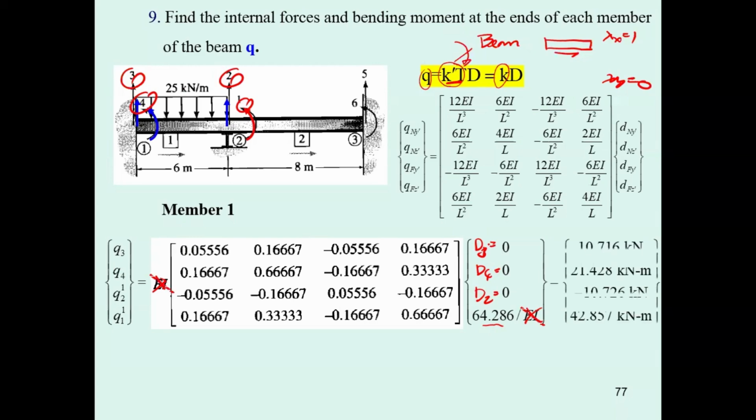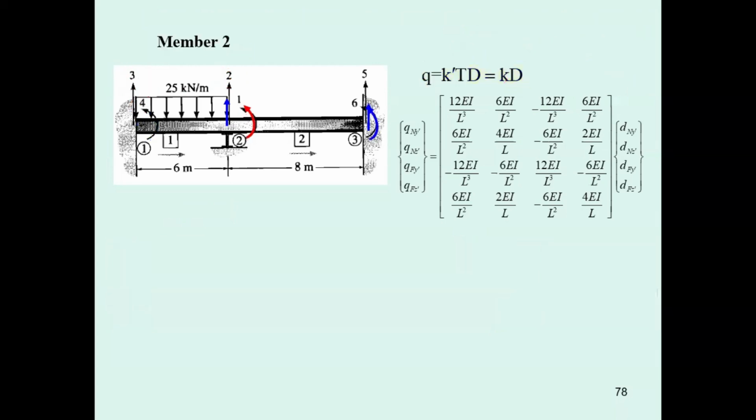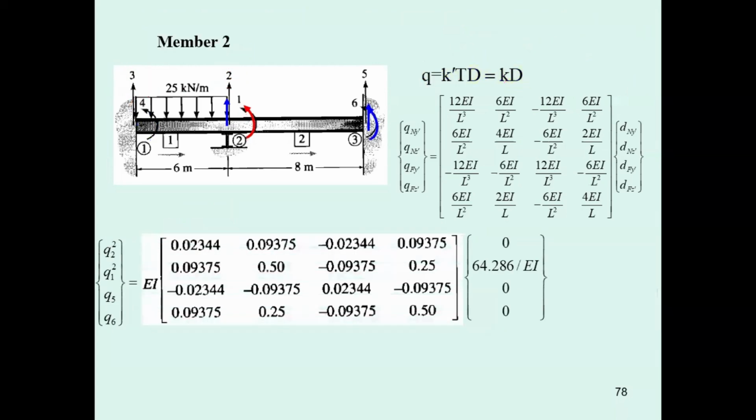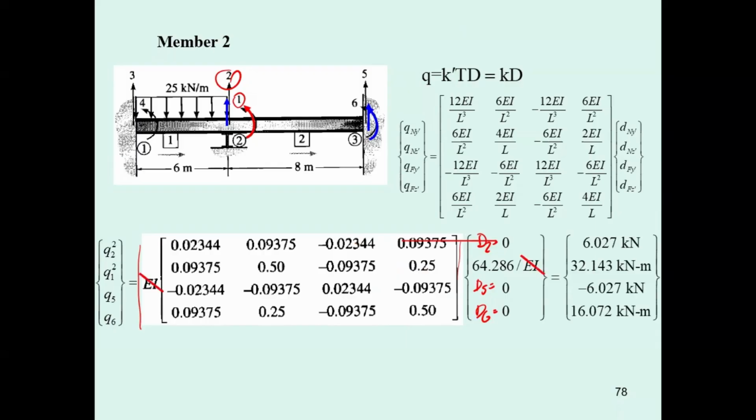Okay, now you have this one. And then the second one, do the same thing. Take this one from step number 4, and then 2, 1, D2, D1, and then D5, D6. And then do the same calculation.